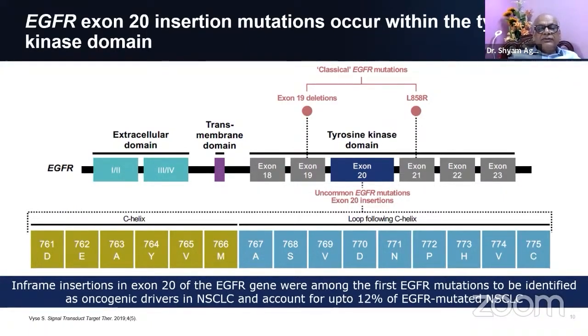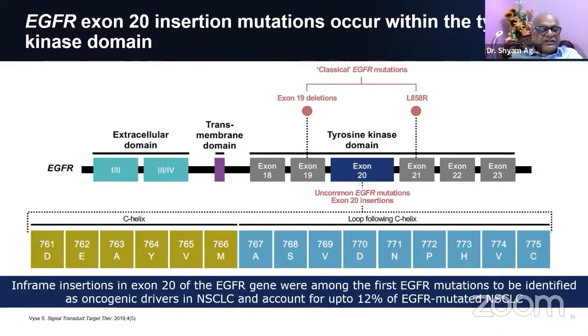The common abnormalities are in exon 19 in the form of deletions, and L858R in exon 21, which, as I told you, is contributing around 85% of all the mutations or deletions happening in the EGFR. So in exon 20, the uncommon EGFR mutations, as they are called, and uncommon mutation in exon 20 insertions occur in the C helix or loop following C helix.